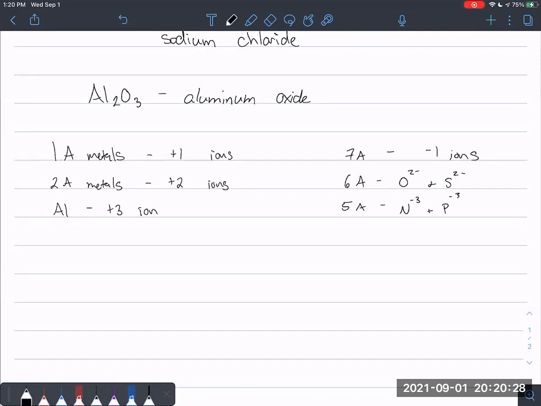There are some other rules. For example, zinc always forms +2. Cadmium always forms +2, silver always forms +1. Those are things that we can talk about and address a little bit later. But for right now, we have these kind of rules. So recognizing here, aluminum forms a +3 and oxygen forms a -2.